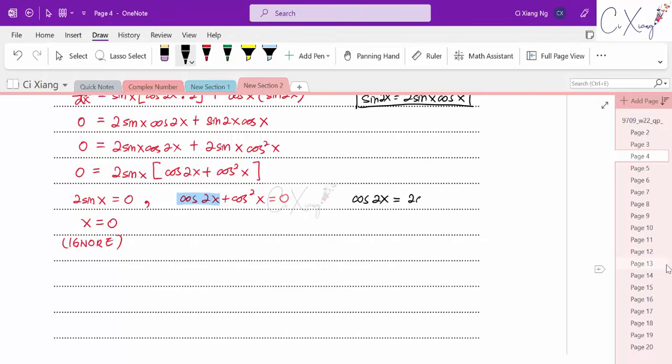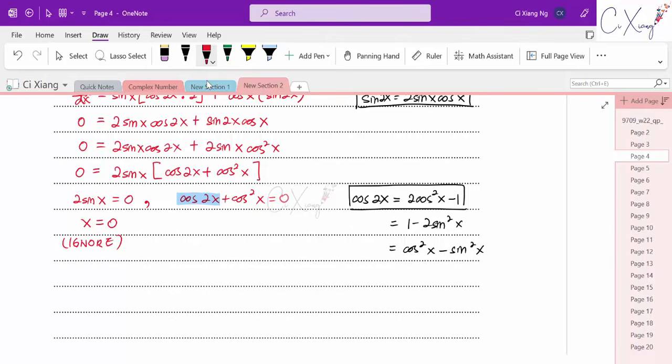For cos 2x, you can use 2 cos square x minus 1, or you can use 1 minus 2 sin square x, or you can change it to cos square x minus sin square x. Basically, for this equation, we will select this one, where our aim is to change our equation so that everything is in terms of cos x.